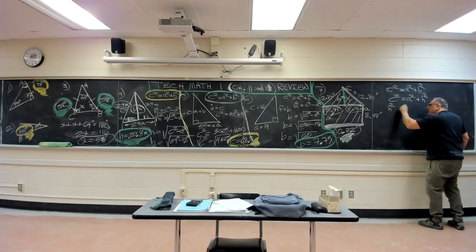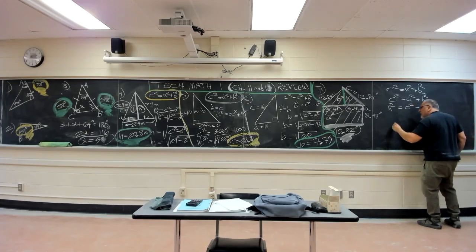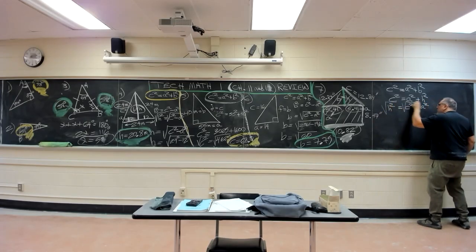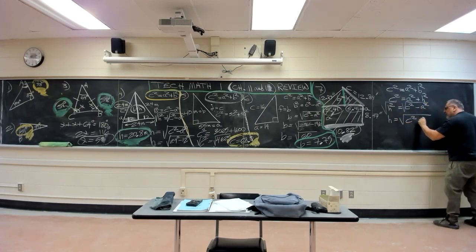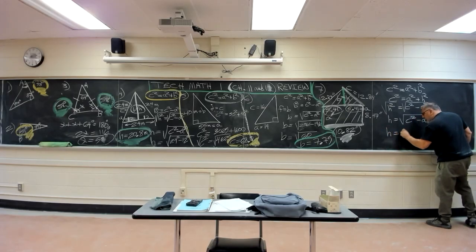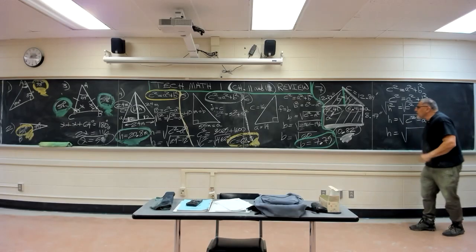Let's subtract a squared on each side. Let's then square root each side. h is going to be equal to this. Sounds good to me. h is going to equal the square root of this difference.